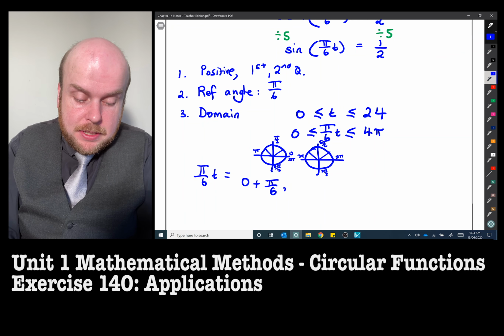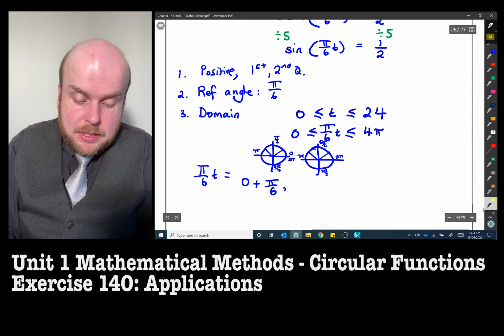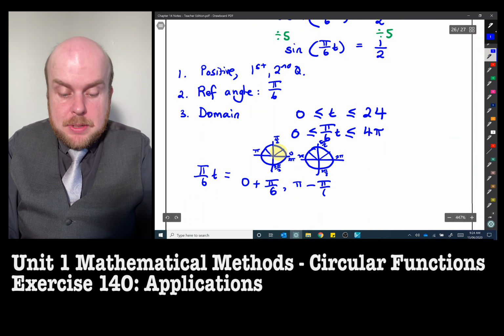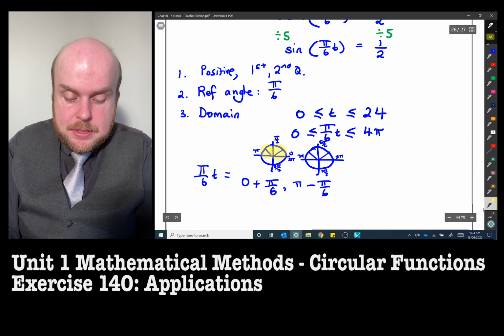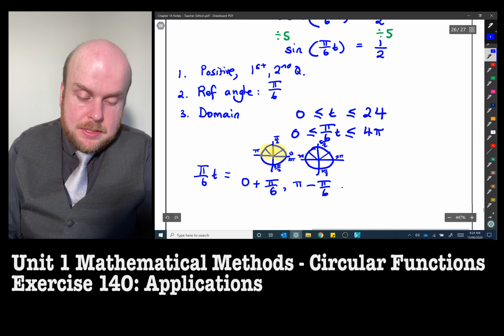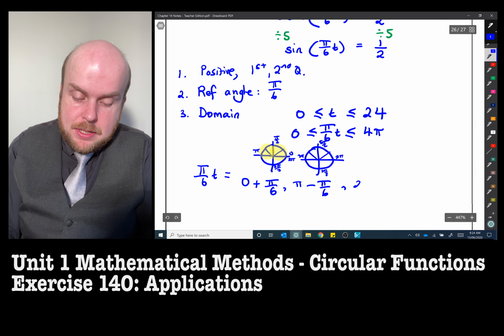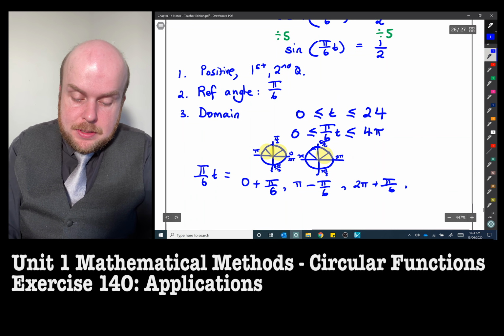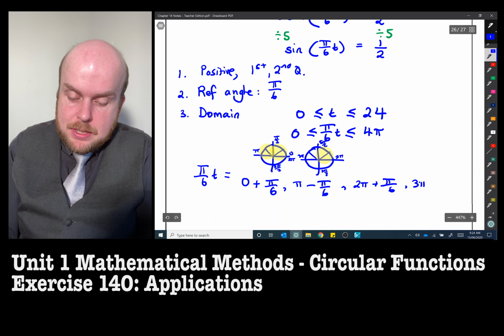Then the next one along will be pi minus pi on 6. The next value will be 2 pi plus pi on 6. And the last one will be 3 pi minus pi on 6.